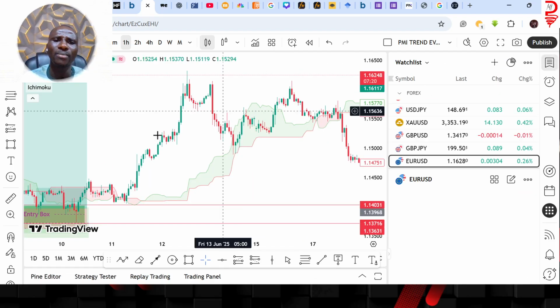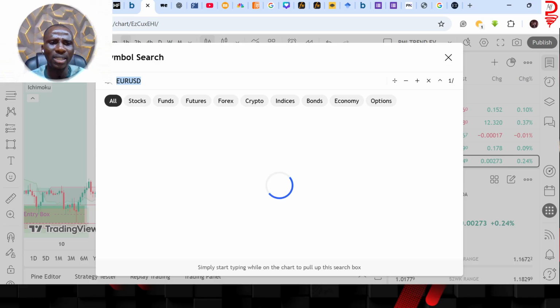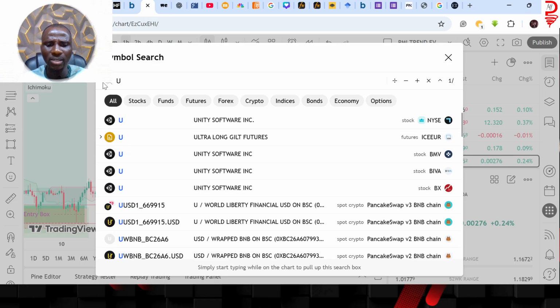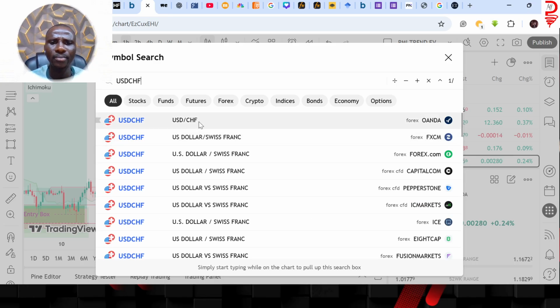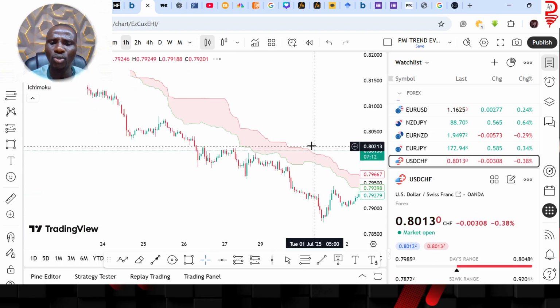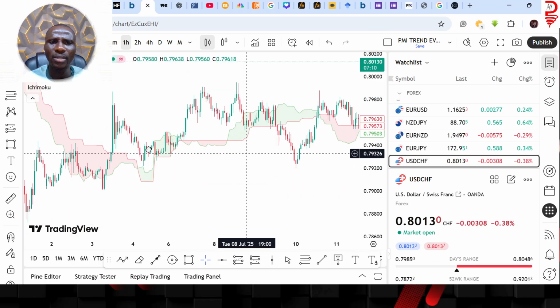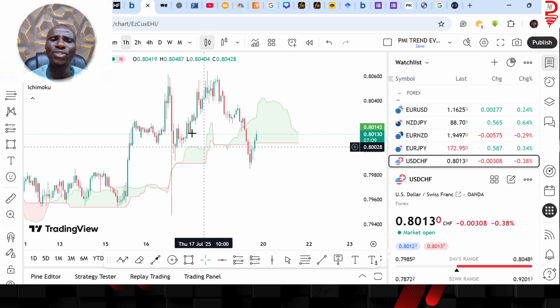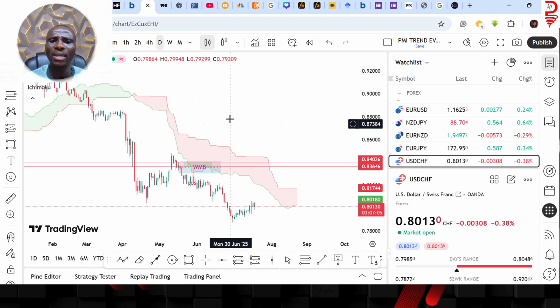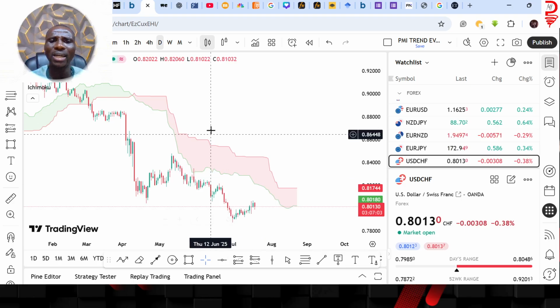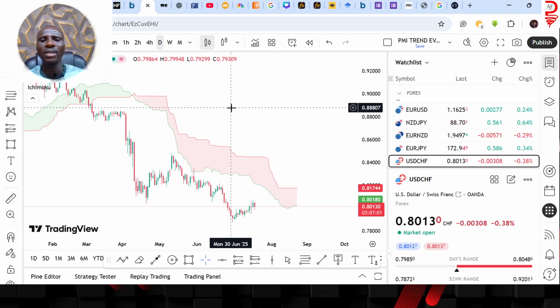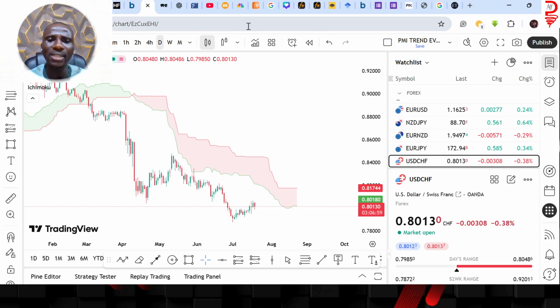Let me check USD CHF. Let me show you another clear example. The reason why we are picking this pair is because at Potential Miners International, we do what we call identification analysis.